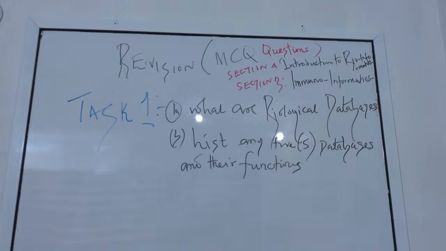So I told you that the primary goal of immunoinformatics is to predict the immune responses. That is the first goal. Apart from that, you can also use it to analyze the antigenic properties of any given protein.